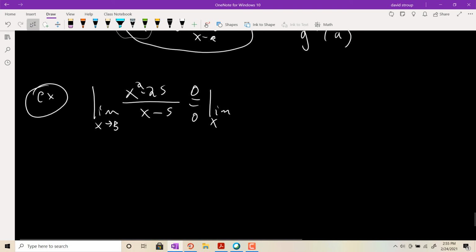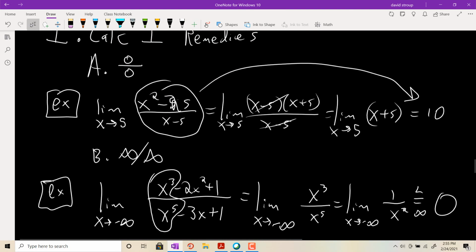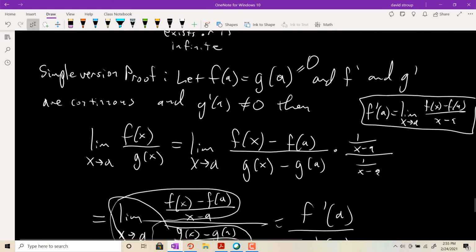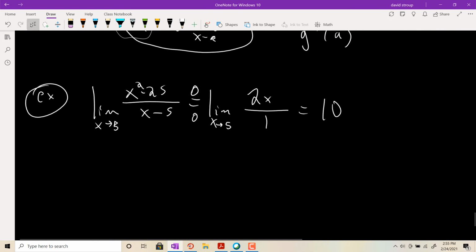So you just take the derivative of the top. The derivative of x squared minus 25 is 2x. The derivative of x minus 5 is 1. Okay, and then it's just substitute, right? Put 5 in for x and get 10. And sure enough, that's what we got above doing it the hard way. One awesome thing is now you no longer have to memorize this formula.